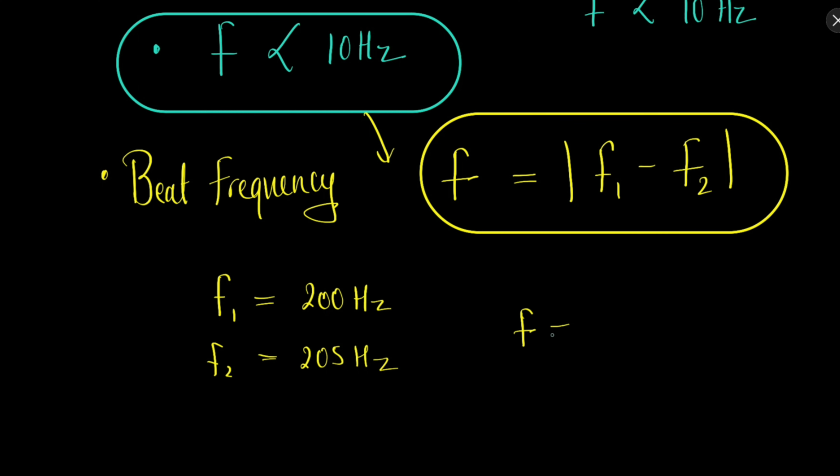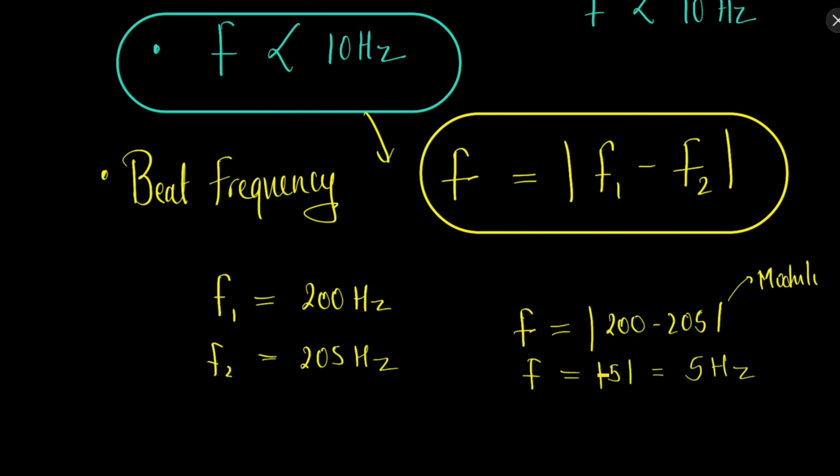Then the beat frequency will be equal to the difference between these two, so we will get 5 Hz. Now again, why have we put the modulus here? Modulus is here so that we do not get a negative value of the frequency, because it does not make any sense. So beat frequency is the difference between the frequencies of the individual waves.